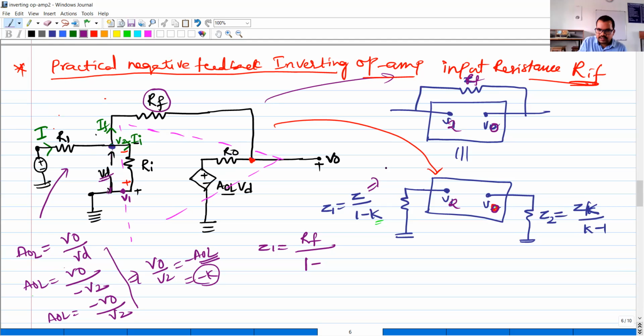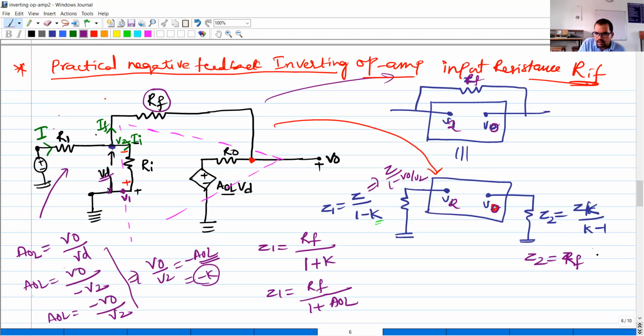See here, this is Z by 1 minus V0 by V2. So here V0 by V2 value is minus K, so minus into minus gives plus K. So Z1 is equal to RF by 1 plus, what is the K value here? That is AOL. Similarly on the Z2 side, Z2 is equal to Z into K by K minus 1, where Z is the feedback resistance RF.